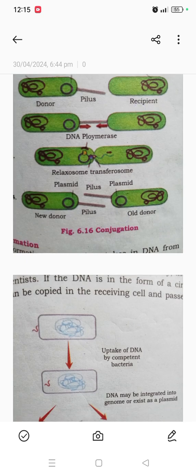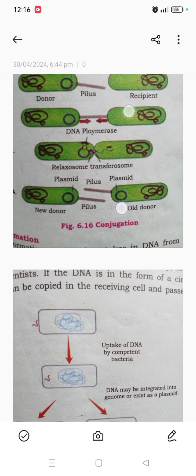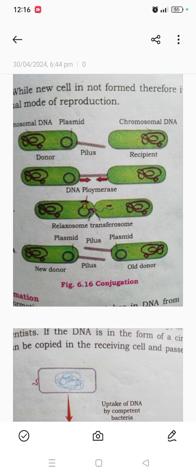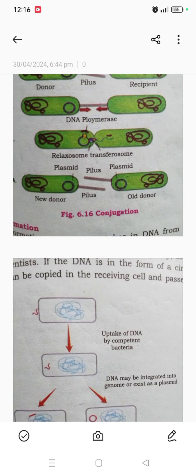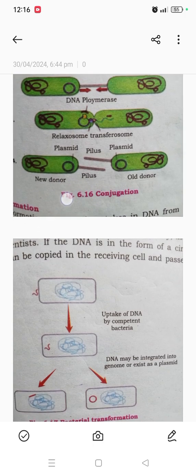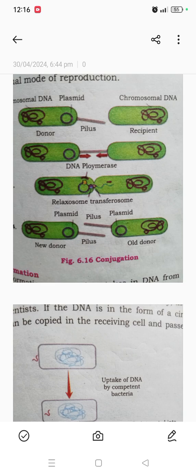When it gets transferred, one part enters the second cell. In the second step, DNA polymerase will act. Here it will be the relaxosome and transferosome, which means they got transfer of a few things. Here a new donor will be formed, because all the steps are done. So again this process would be continued.